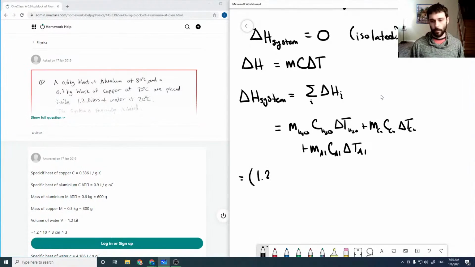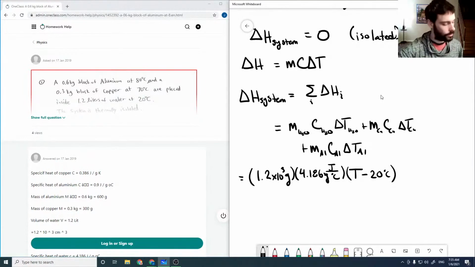For water, we had 1.2 times 10 to the 3 grams, our heat capacity was 4.186 joules per gram degrees Celsius, and our delta T is our final temperature minus our initial temperature. In this case it's fine to use degrees Celsius, as everything is in deltas anyway.